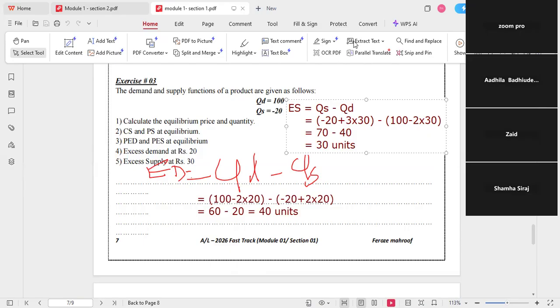Right. So we have completed the exercise 3, right?